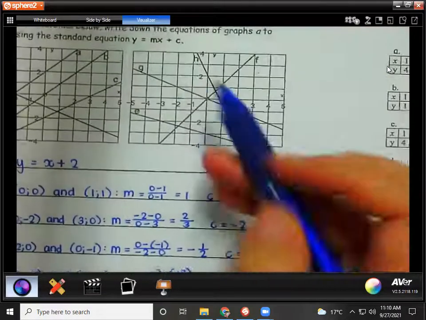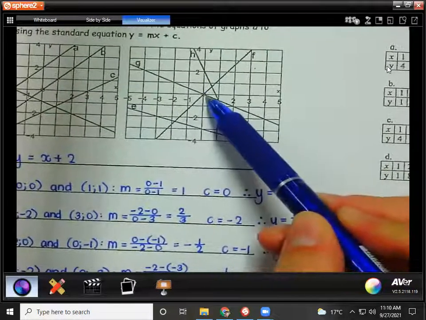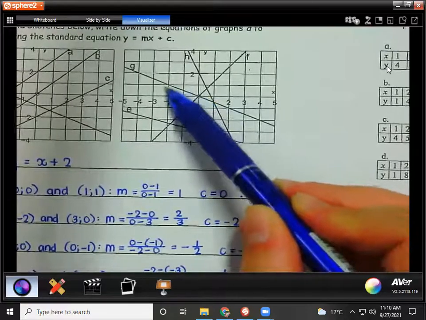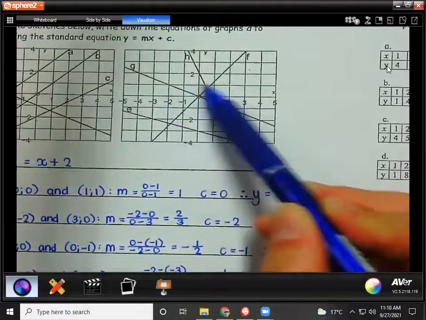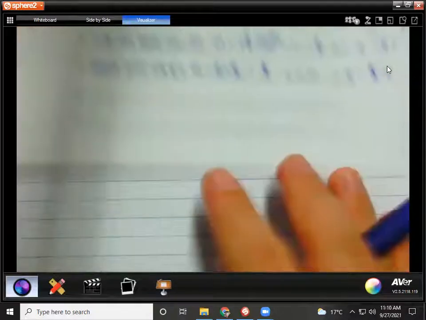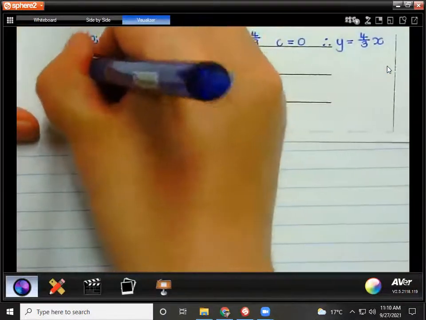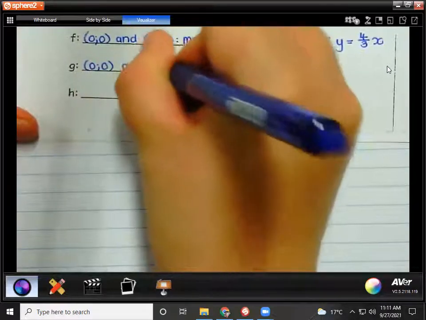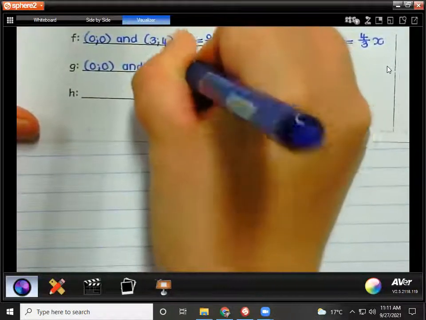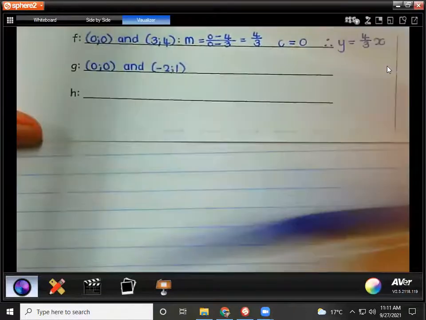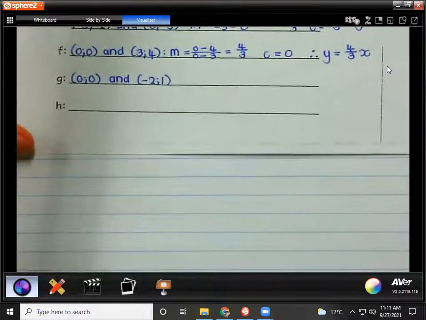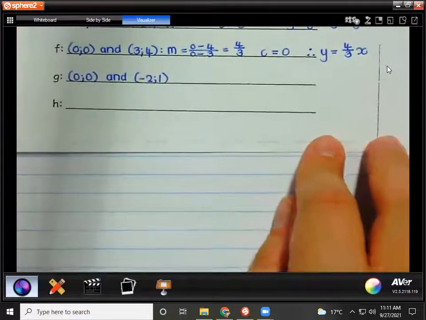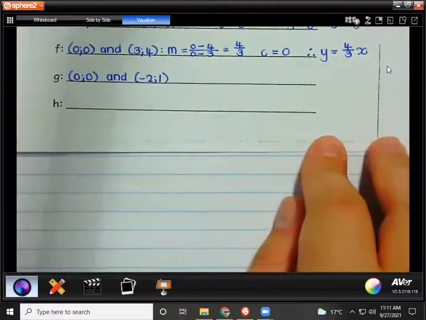Okay, for G, this one also goes through the origin, hey? We notice that there, so I'll choose that point again, 0, 0, and then I'm going to take this one, -2, 1. Okay, 0, 0, and -2, 1. I think they might take off 1 mark here because it's not really the simplest form. So you can write that at first, then just add a last step where you write it like that, yeah.